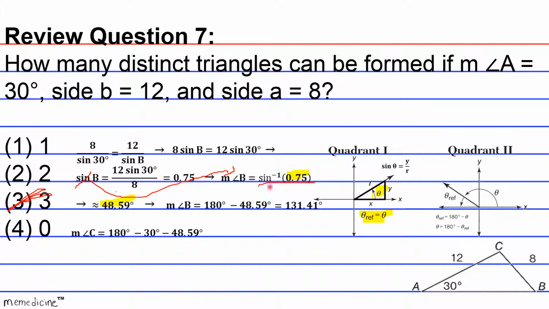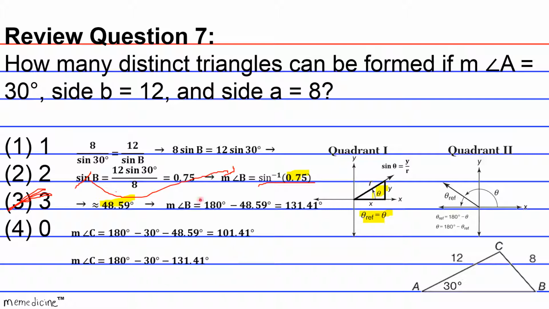Well, we're now figuring out the measurement of angle C, whether that's possible or not. So it would be 180 minus 30 degrees minus 49 degrees. And we're going to get that angle C has a measurement of 101.41 degrees in this scenario. Let's say this answer was negative. That would mean it's not a possible triangle, okay?